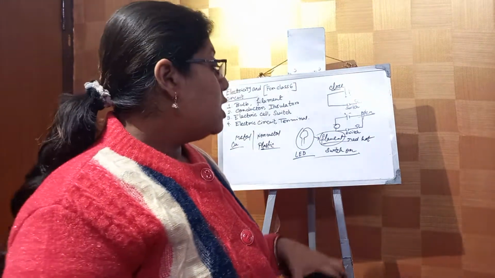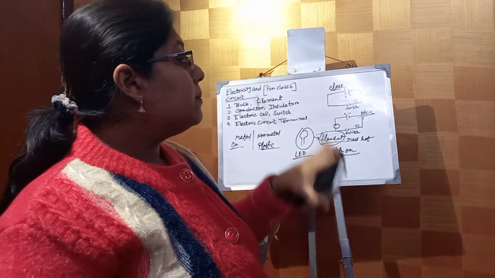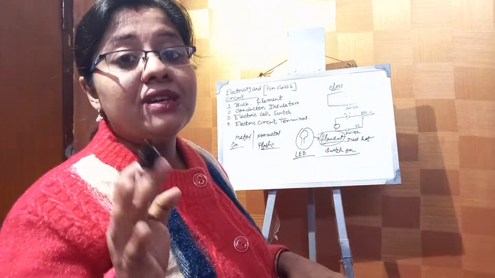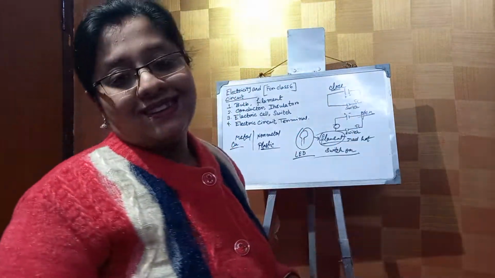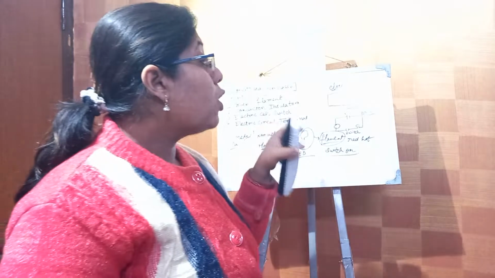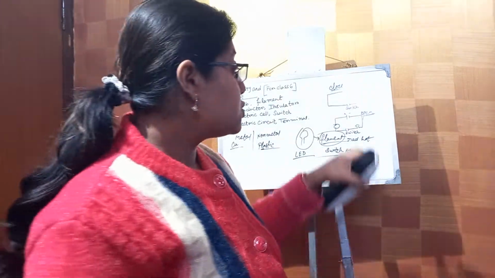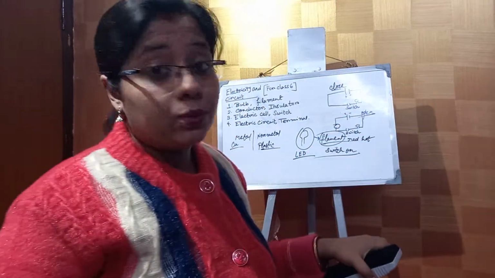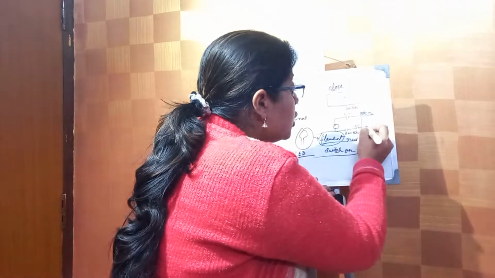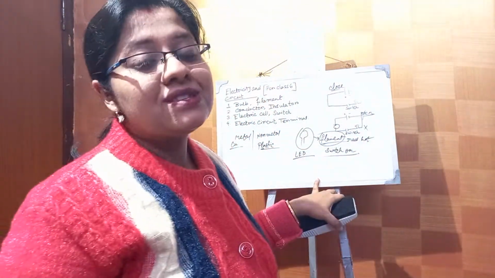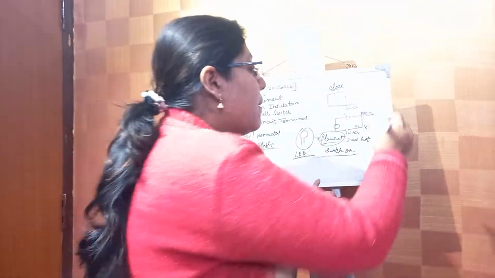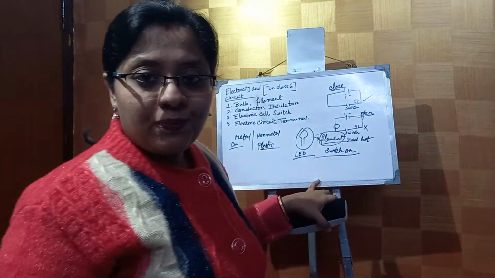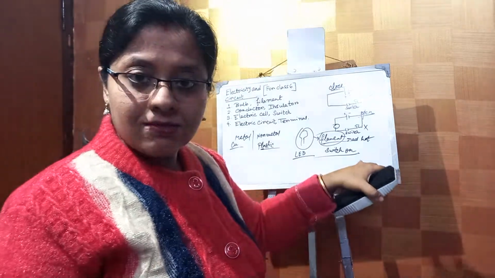So if I ask you through which circuit we get proper electricity, through a closed circuit I can get proper electricity, but through an open circuit, no. The bulb will not glow here because the electric charges will not move further. But here the bulb will glow because this is closed.